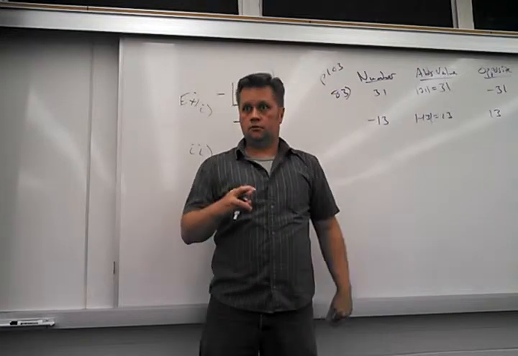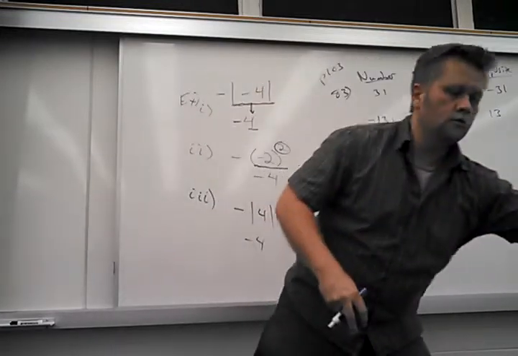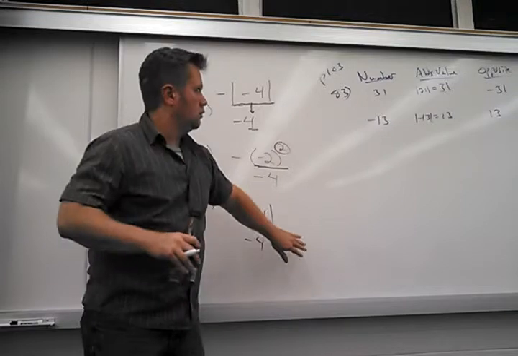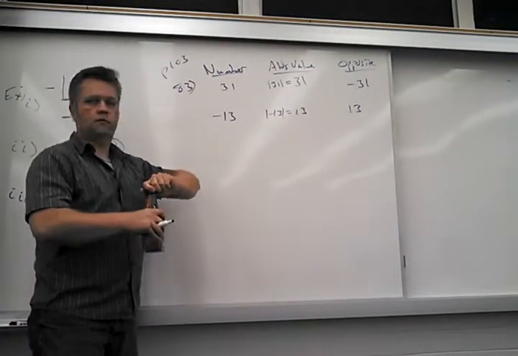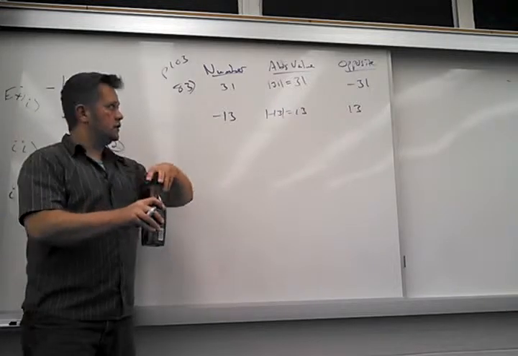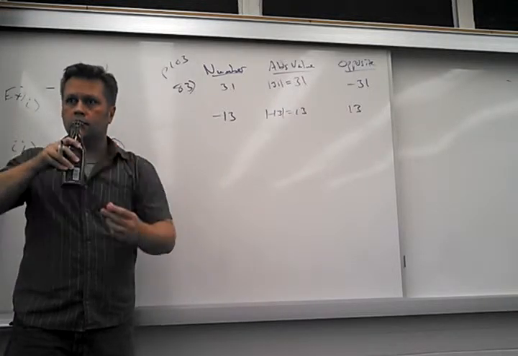And again, I'm sorry, I keep bringing this up, but the absolute value bars just tell you the distance away from 0.